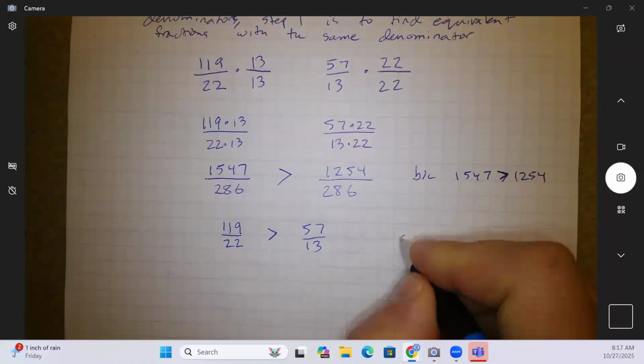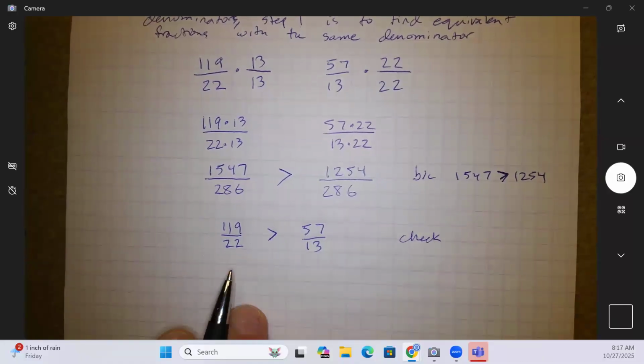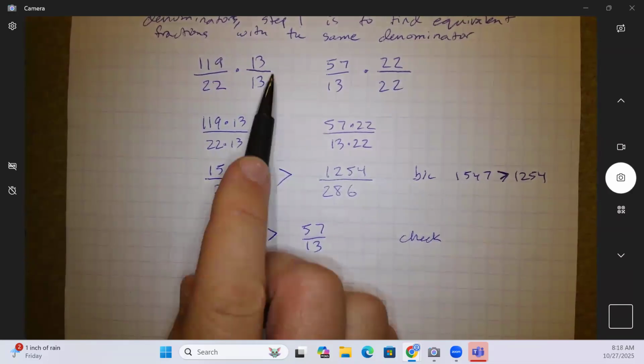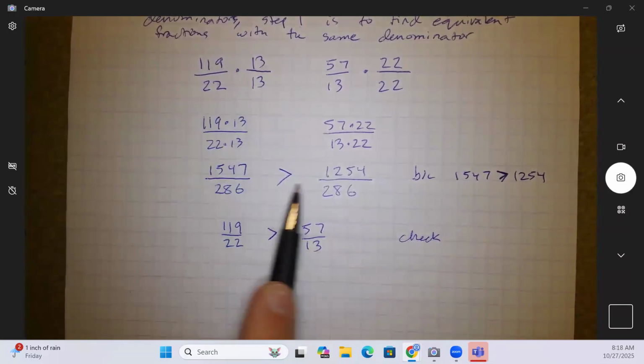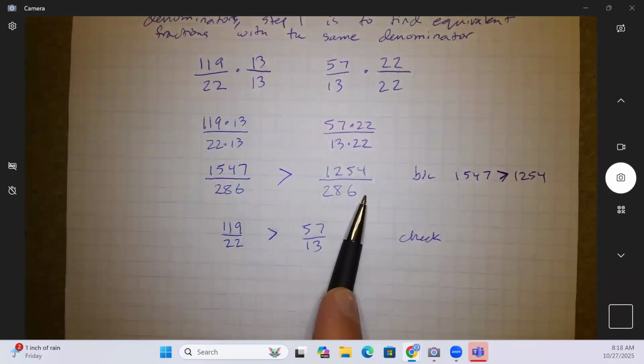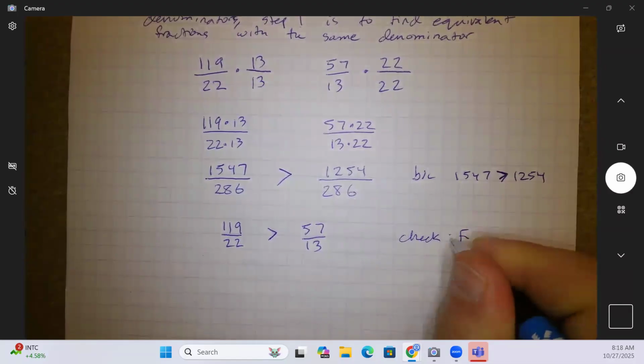And how do you check? Well, I want you to develop this skill, partly because when we work with variables like x's and y's, sometimes you still have to get your fractions to have the same denominator. Only we're not working with numbers, so calculators don't help us. So this is an important skill to develop, but you can check by finding decimals.